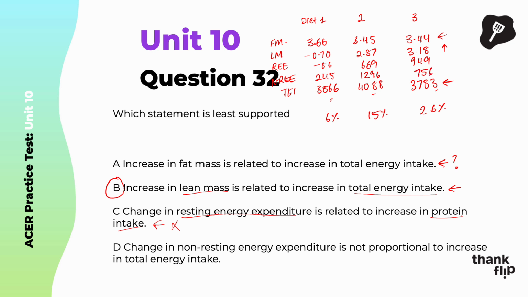So this is a big jump from diet 1 to diet 2, and then it goes down again in diet 3. And your total energy intake here is, again, fairly constant. So the assumption that it's not proportional is also a valid assumption to make. We can't see any trends that are matching up there, and that's what this one is telling us. So that's a pretty reasonable assumption to make. And so B is the one that's least supported in this case, and so that's our correct answer.